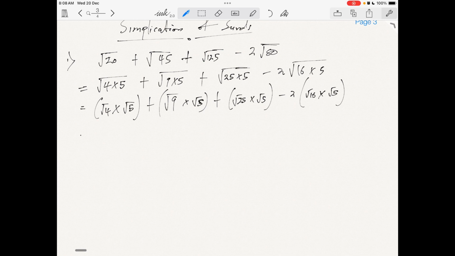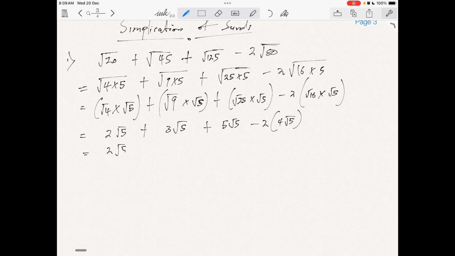Now with that we know that root 4 is 2, and this will give us 2 root 5. Root 9 is 3, that will give us 3 root 5. Root 25 is 5, that will give us 5 root 5. And root 16 is 4, and that will give us 4 root 5. Now we can open the bracket with minus 2 over there.